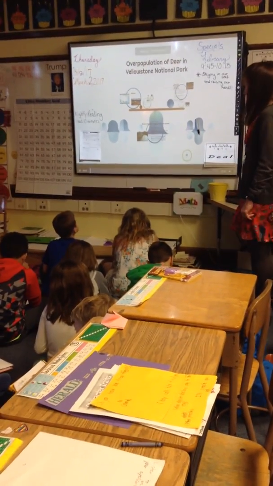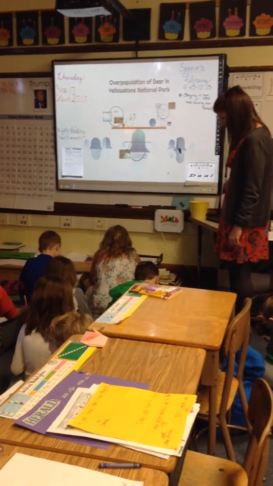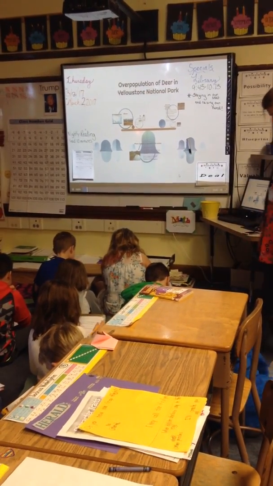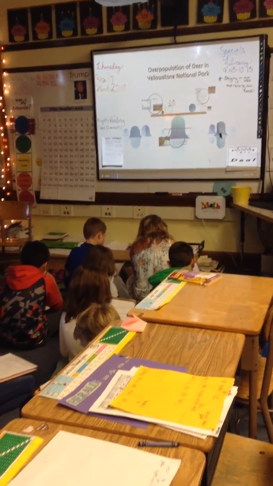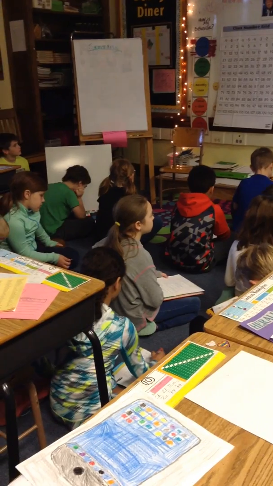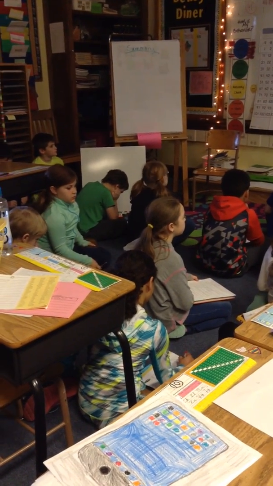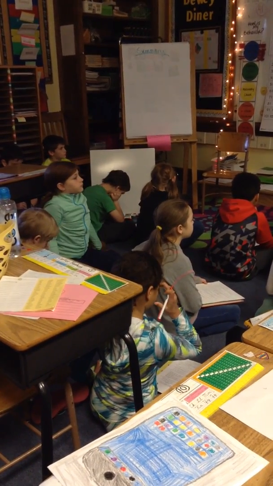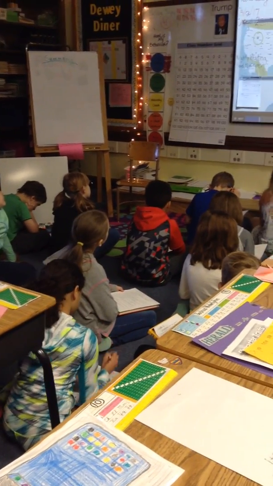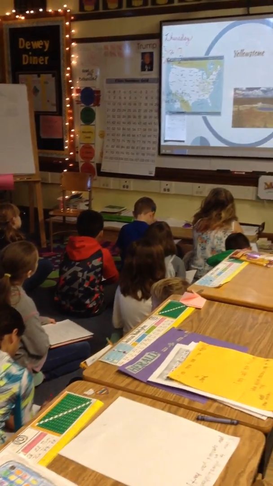So about 70 years ago, there was an overpopulation of deer in Yellowstone National Park, and that was partly due to the fact that they took out all of the wolves from Yellowstone. Wolves were seen as big and bad, and so that's what they did. They removed them. Yellowstone National Park is actually located in Wyoming and surrounding states. It's very large.